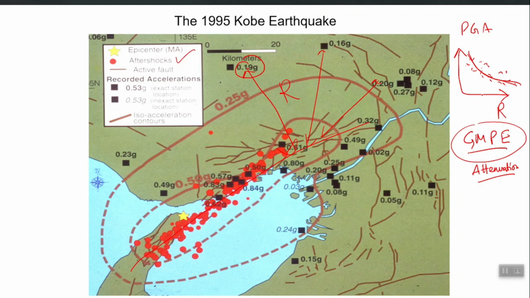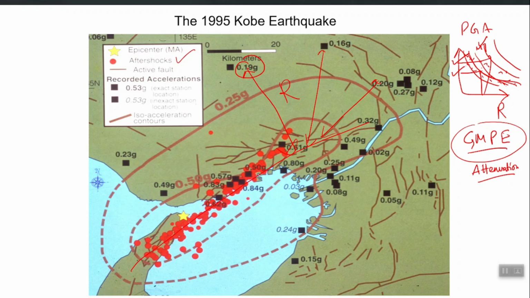Corresponding to 50, I will pick the PGA value, and obviously this line will be different for different magnitudes. So it will not be one line, it will be a family of lines. If I am 50 kilometers away from a fault which can produce magnitude 7, I pick the M7 line, and at 50 kilometers this will be my PGA.